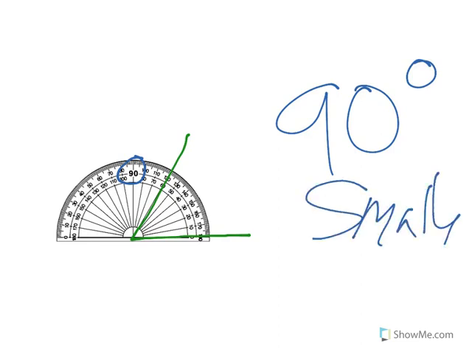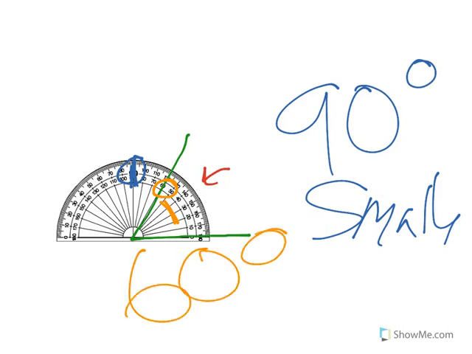I know because if I look at my blue, it doesn't come all the way up to this 90 right here. So I'm not going to use these big numbers on top. I'm going to use these small numbers. If I follow it up, it would fall on 60 degrees. And that's an angle the kids actually have to be able to just recognize, a 60-degree angle.